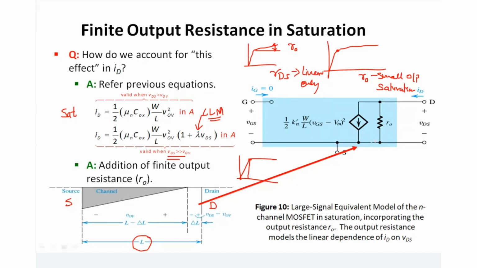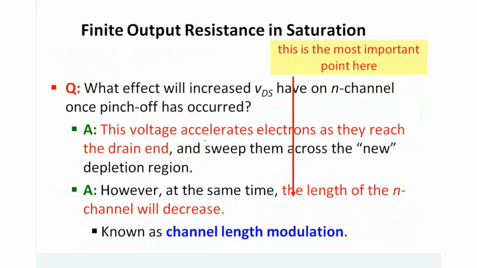When you increase VDS only a small amount, I can still go with the first equation where the current is not dependent on VDS. But if you keep increasing VDS further, there is still a small rise in the current for a small increase in VDS, and that is represented by the term delta. So that's what is mentioned over here.